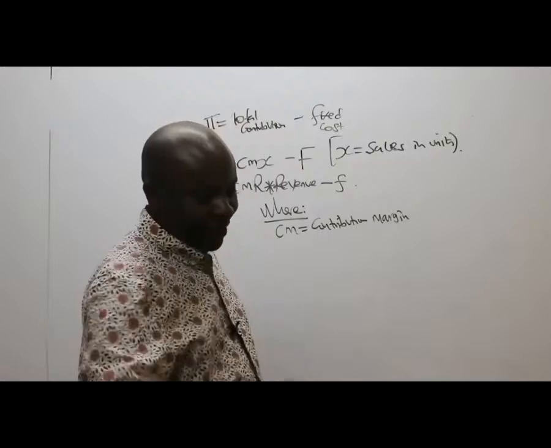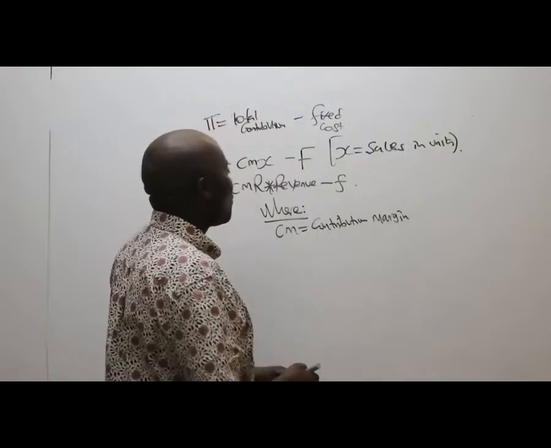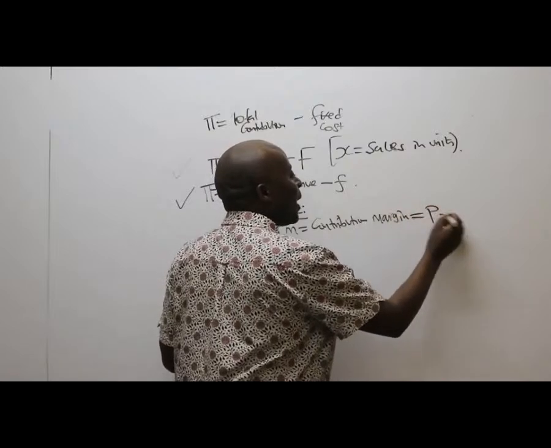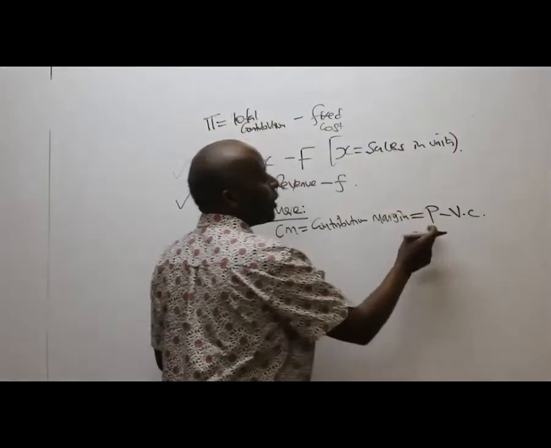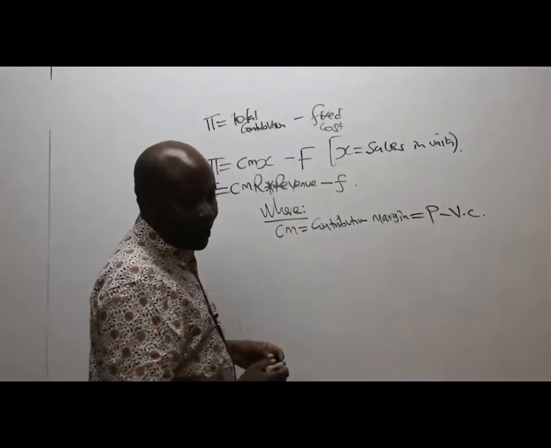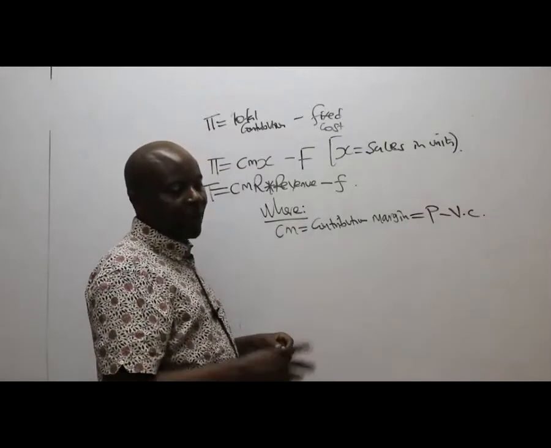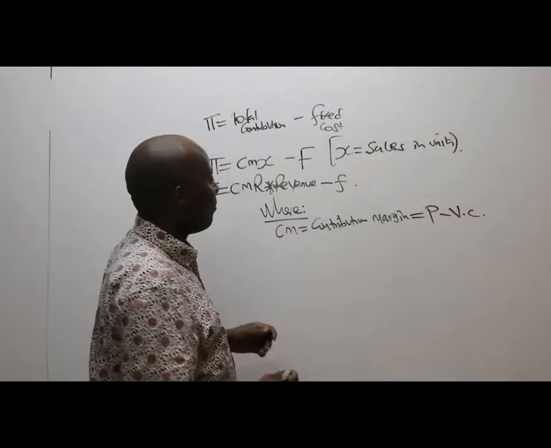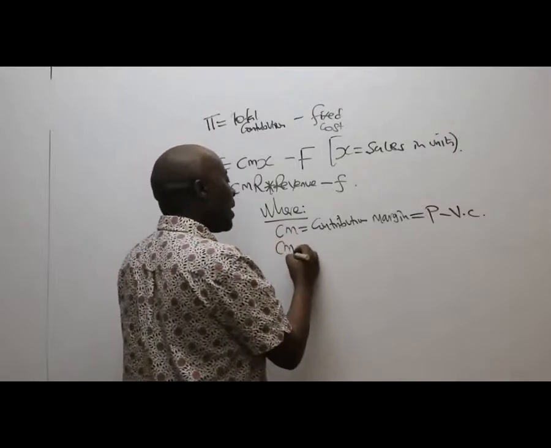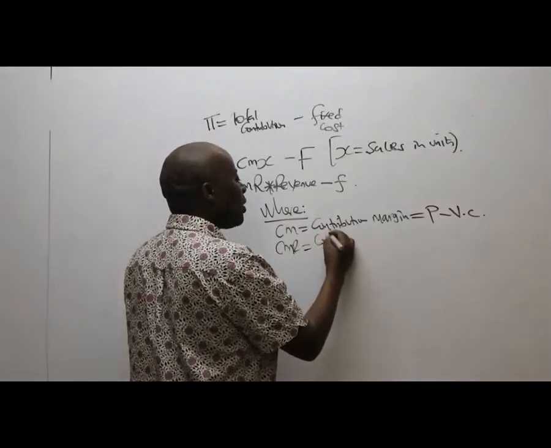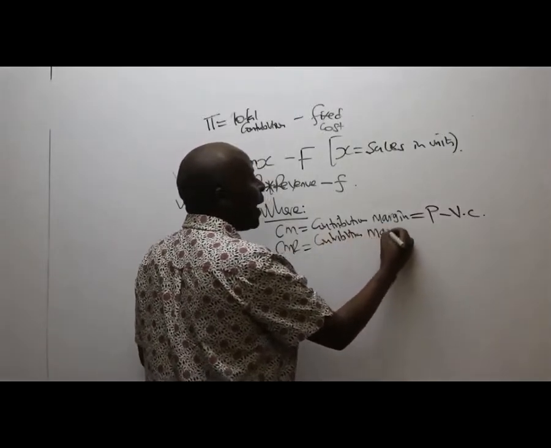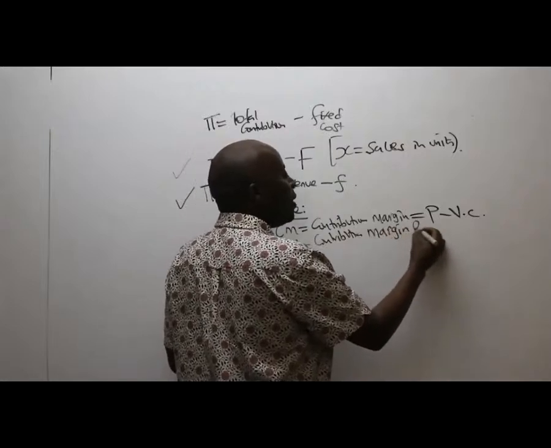Okay, great. I've seen somebody who has told us that to get this CM, we take the selling price minus the variable cost. Very important. And this CMR is what we call the contribution margin ratio.